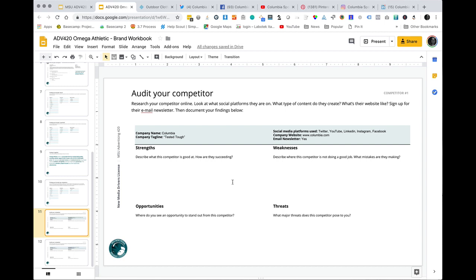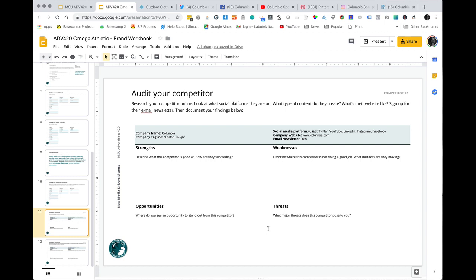And then, based on those two things, you can start to see opportunities, where you can do something to best them in terms of digital marketing. Maybe you do a really strong content marketing campaign that's focused just on providing value.